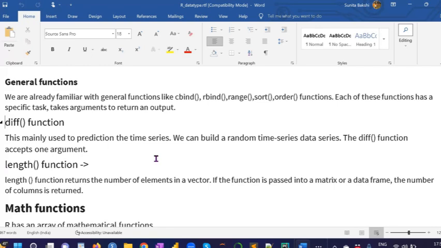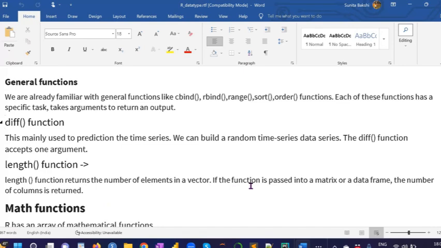Diff is mostly used for time series. We build a random time series data, like when the rain comes, what is the weather today. For that we use the time series. Next is length. The length function returns the number of elements of a vector.